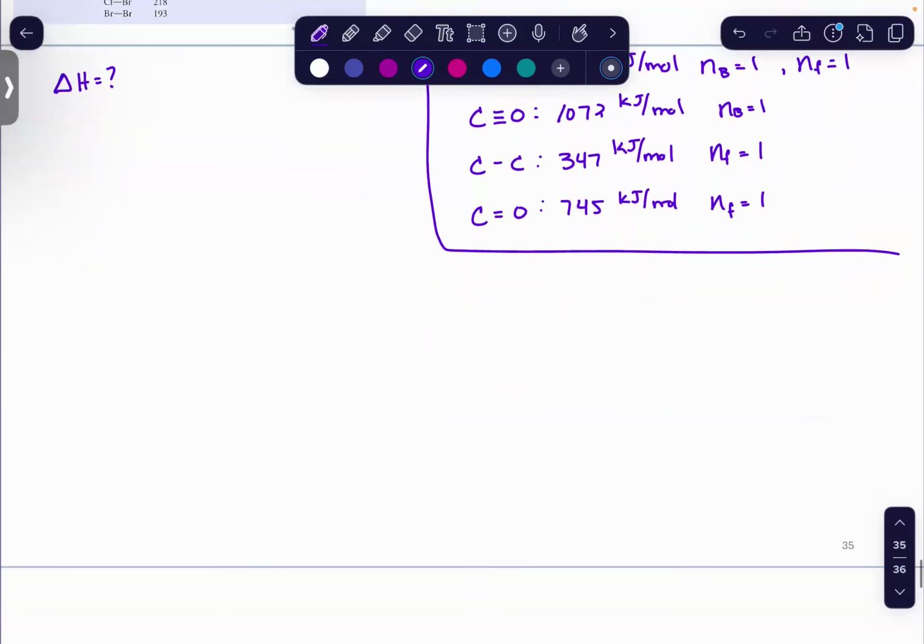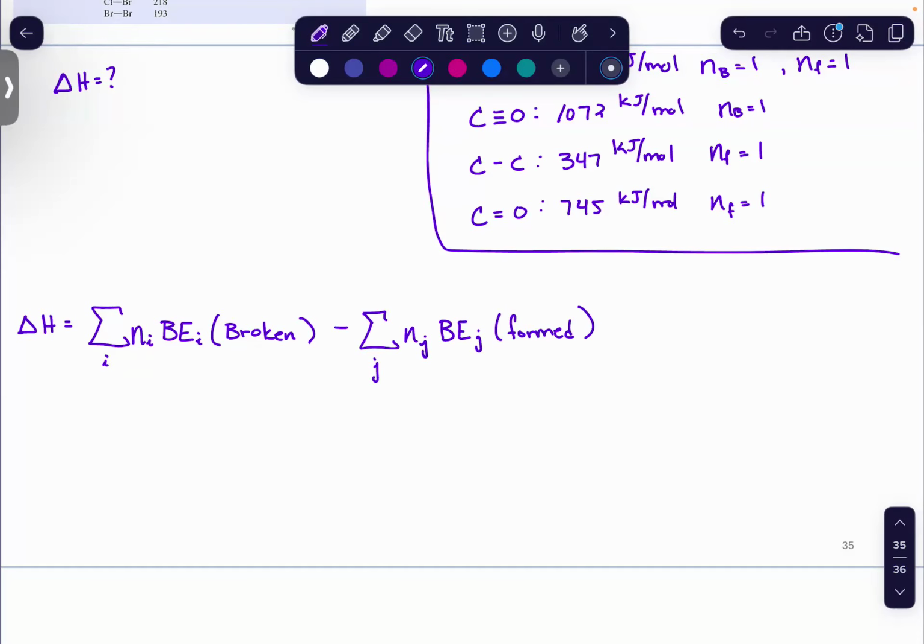So my equation is the total bond energy for the broken bonds minus the total bond energy for the formed bonds.